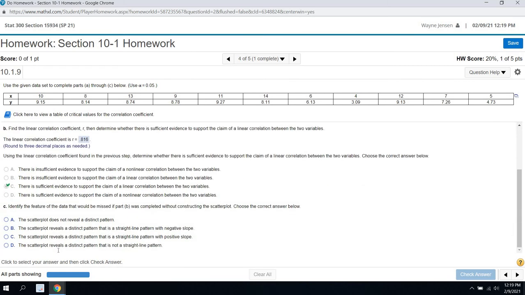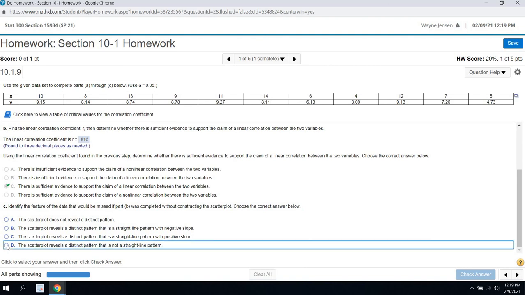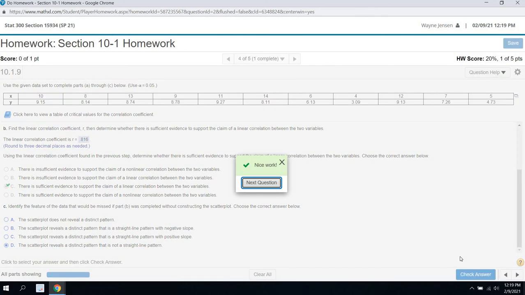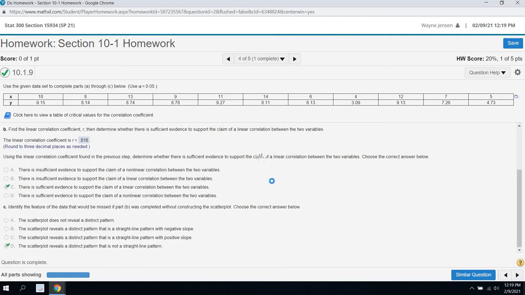However, it may be better to have seen the scatter plot, because the scatter plot reveals a distinct pattern that is a straight line pattern. Nope, not a straight line pattern. It's not a straight line pattern, right? So the scatter plot helps us at those times that we may have mischosen, in that there might be a better way to support that data that's eventually going to come out of there.